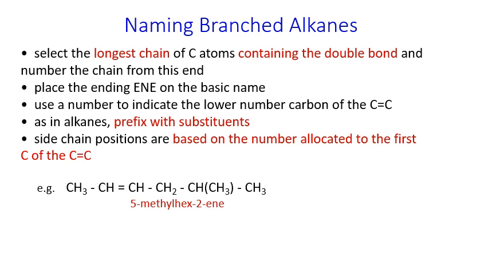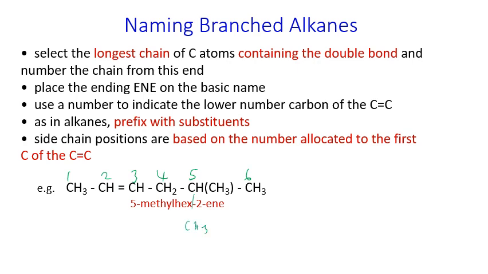So if we look at this example here, what's the longest carbon chain? You've got 1, 2, 3, 4, 5, 6, because that's going to be the chain, like that, CH3.